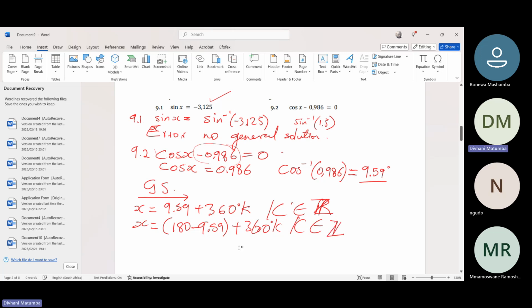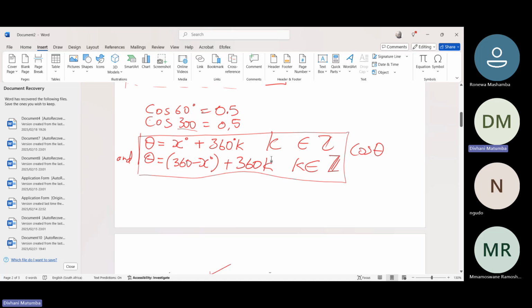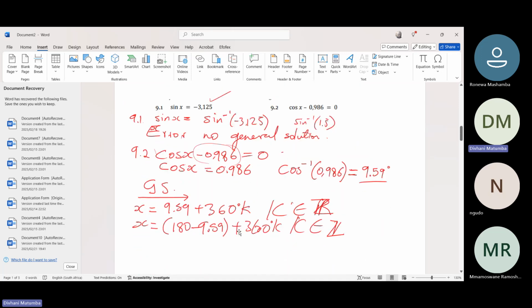Any question? There's a question. Oh yes, you're right. We're dealing with the cos, so with the cos it is 360 minus the angle. Do we agree? Mamswan, you agree? Yes. Okay.